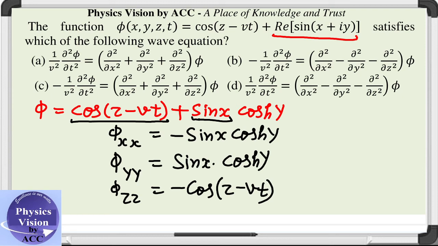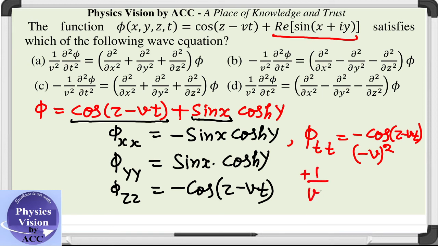And when we see the fourth derivative, that is the double derivative with respect to t, we'll of course get minus cos of z minus vt, and this minus v square will also be taken in this case. So that becomes 1 by v square of the double derivative of phi with respect to t, which is equal to minus cos of z minus vt.